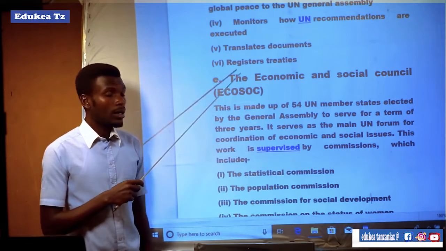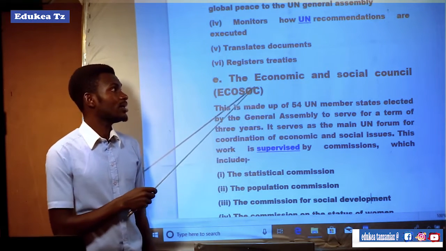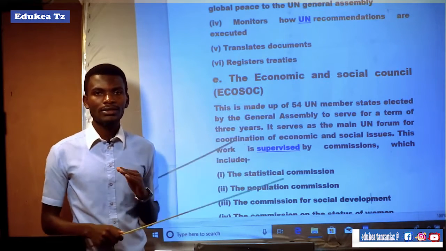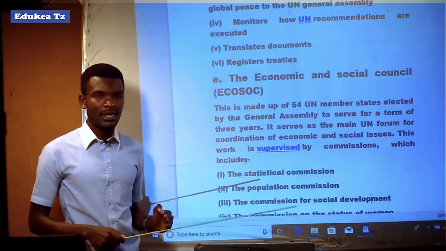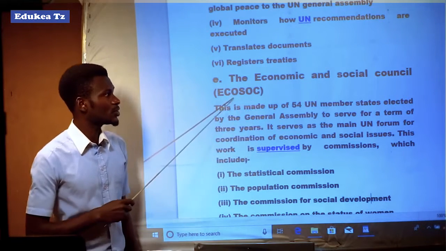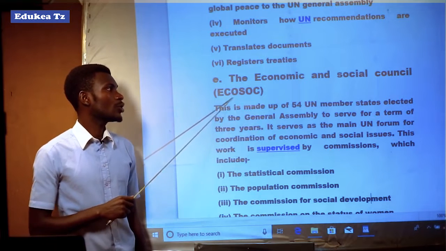And another organ of the UN is the Economic and Social Council. It is the organ that deals with the economic matters as well as social matters of the UN. In short, it is ECOSOC.